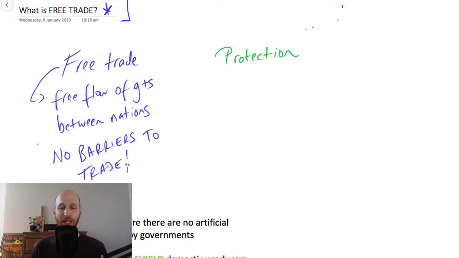We're talking about the free flow of goods and services between nations. There are no roadblocks or barriers to trade occurring between different nations. So everybody is able to sell their goods to all countries in the world.